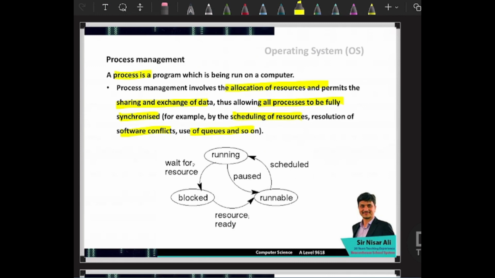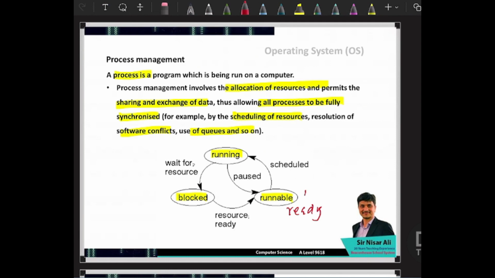So the process, it is running and then it is blocked, it is runnable. Actually it starts from runnable, scheduled, and then it is running, and when it waits for resources it will be taken to the blocked state, and when the resources are available it will again go back to running. Runnable means ready.